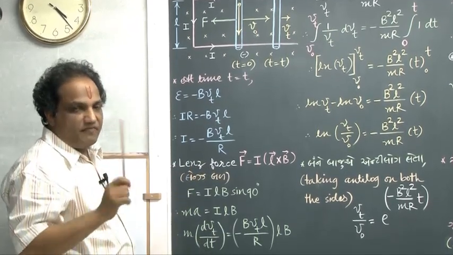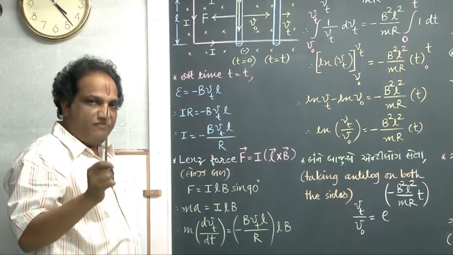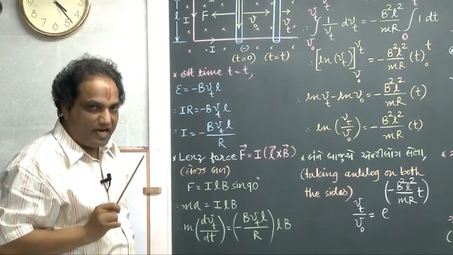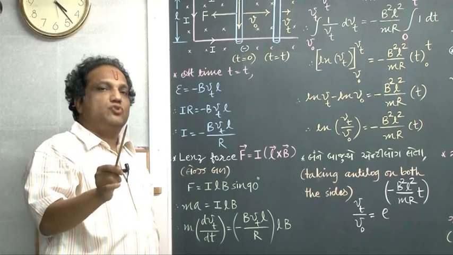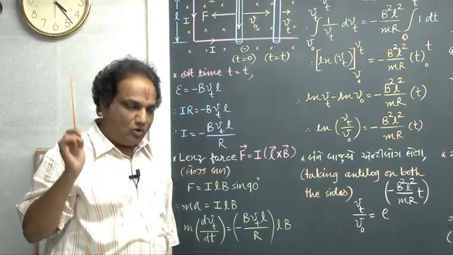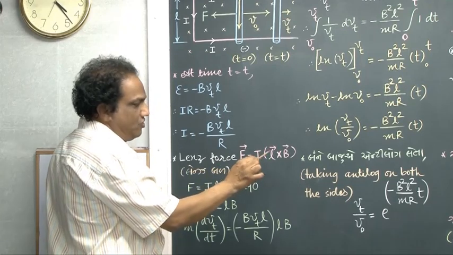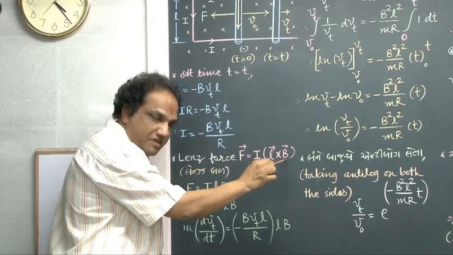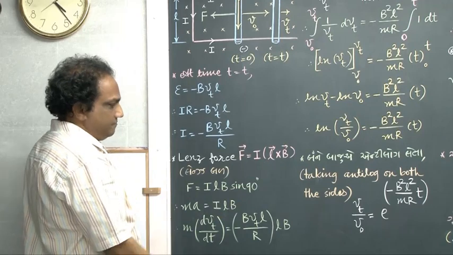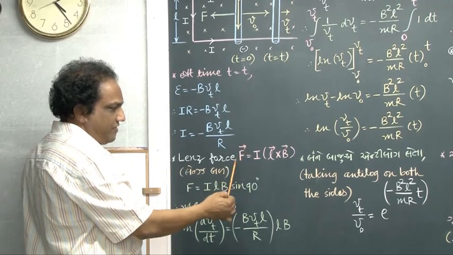Lenz's force, last time we had studied, and if you want to have the magnitude and direction of that Lenz's force in this case, it should be found out using Ampere's law. That Ampere's law is this: vector F equals to I into vector L cross vector B. Fine. And now tell me, what about the direction of this vector F?